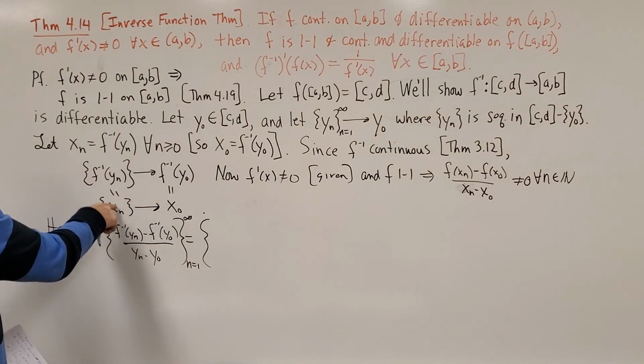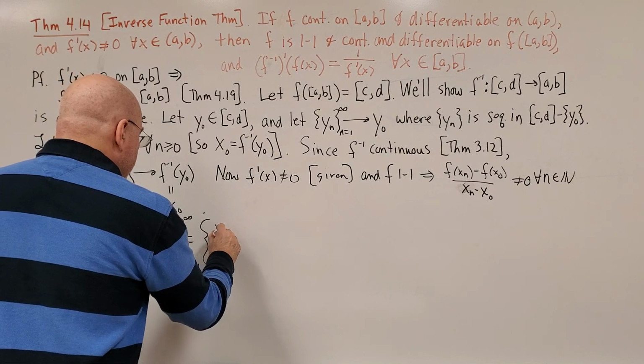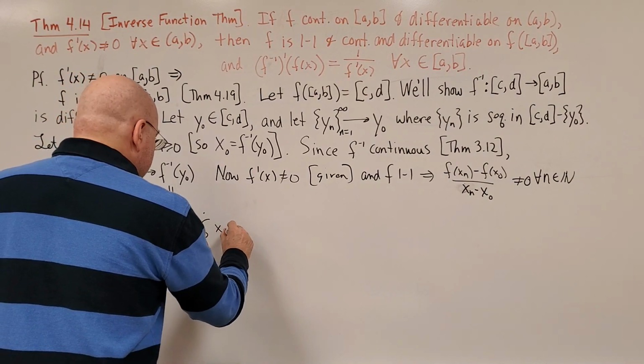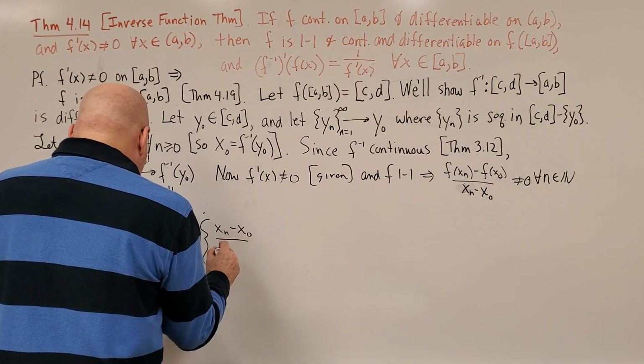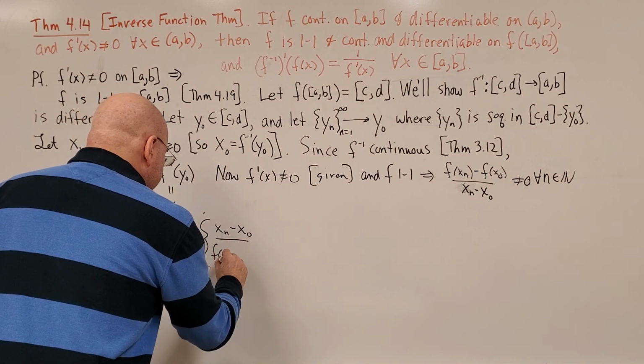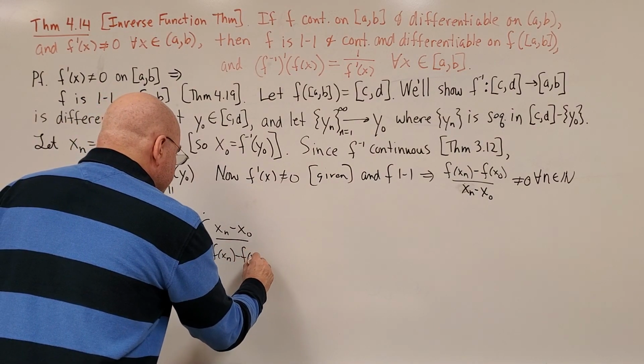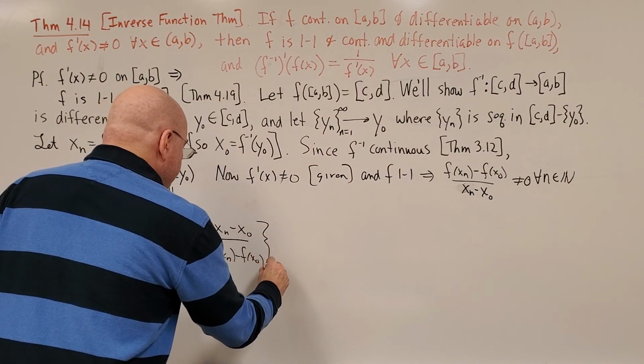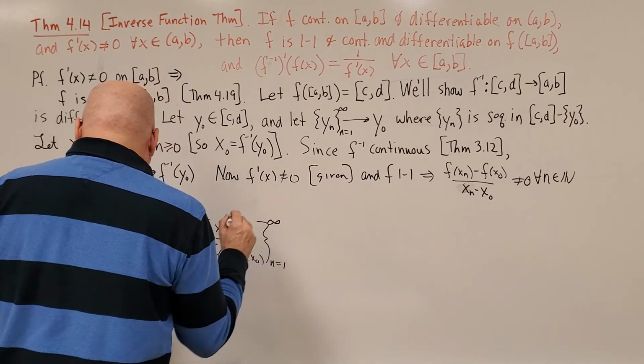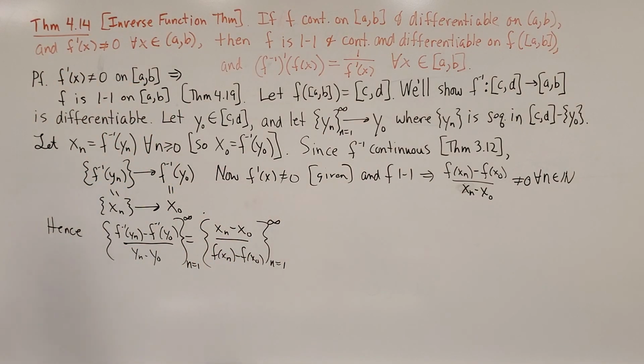Remember, f inverse of yn is just xn. So it's xn minus x0 over f of xn minus f of x0. All that is substitution there. Those two sequences are equal to each other.